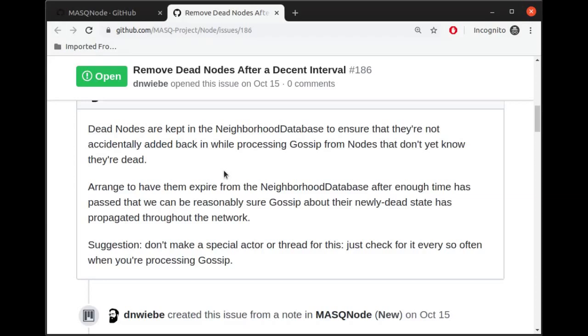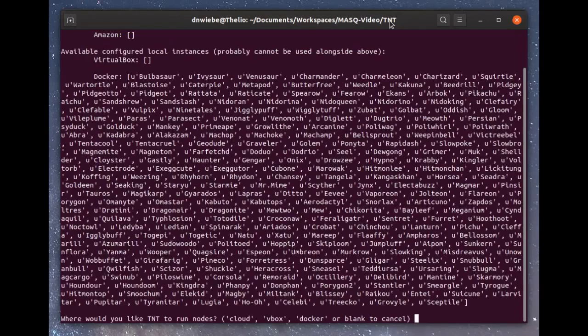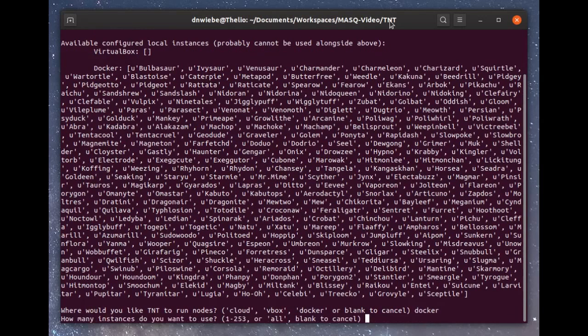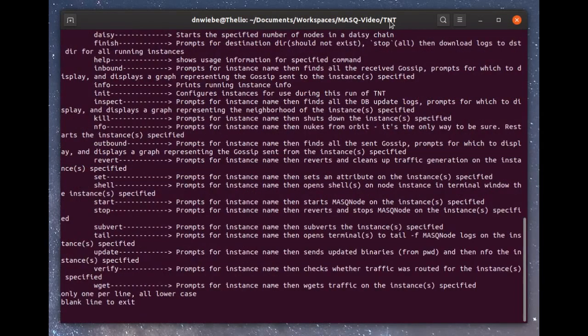So let's use TNT to take a look at this. Let's start up TNT again. All right. We'd like to run in Docker. Let's start up 7 nodes again. Well, actually, that's 7 containers. That's just the containers.